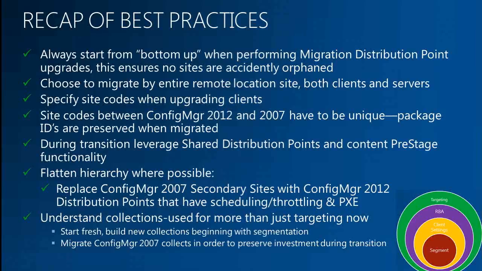Basically, start fresh. I used the example in the bottom right-hand corner: in 2012, think about how you're going to segment. Think about how you're going to apply client agent settings on top of that, because you could have custom client agent settings. Role-based administration, how are you going to overlay that on top of those collections? And targeting is at the very end. And lastly, think of your 2007 collections as preserving your investment as you go, not necessarily as a starting point to move forward on.